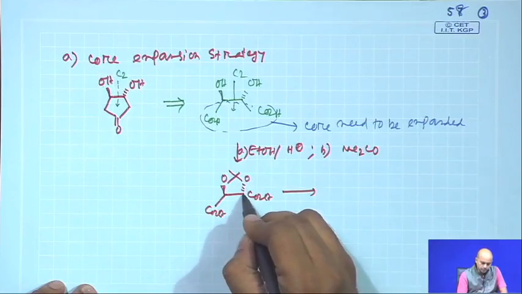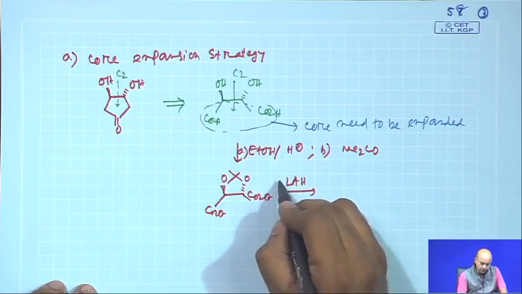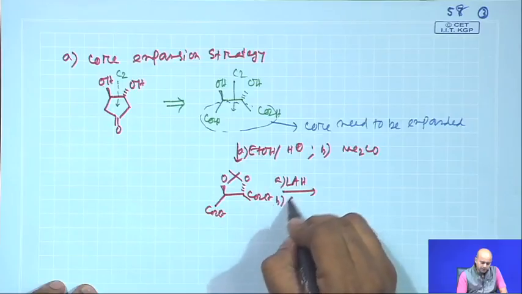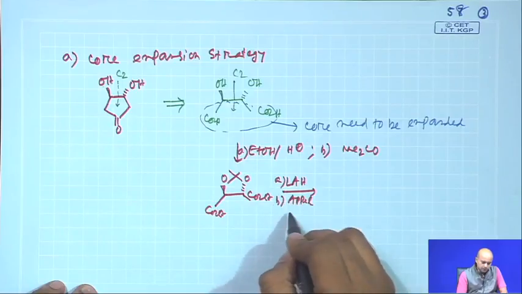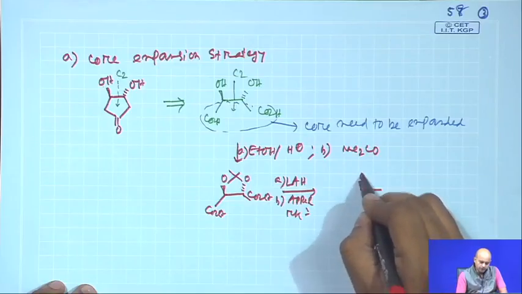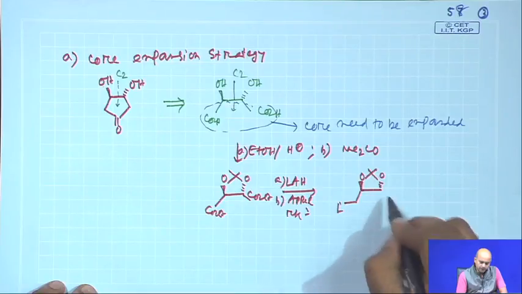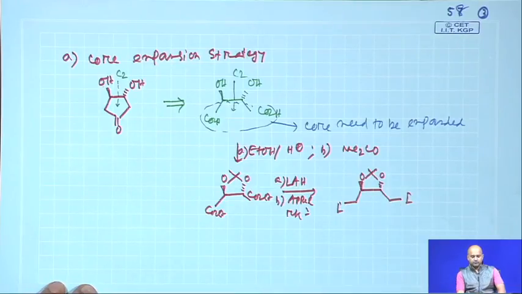You do a lithium aluminum hydride reduction and then do an Appel reaction. These reactions we have already studied, so we are not discussing them in detail. So, what will you get? You get this CH2I, CH2I.